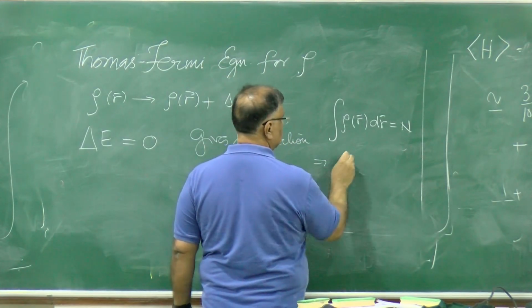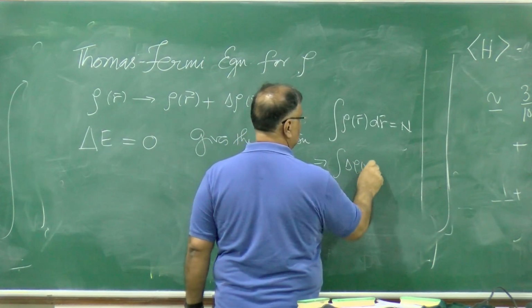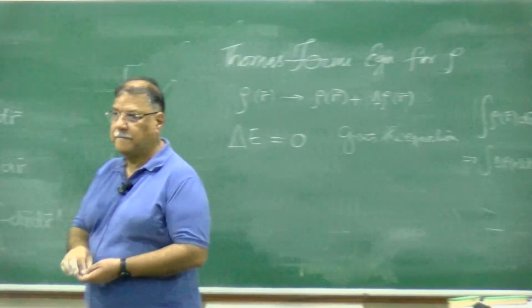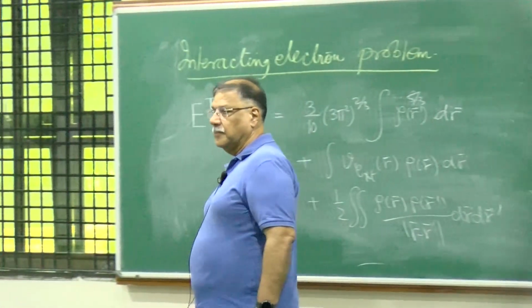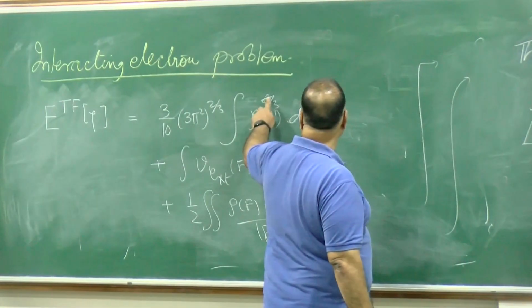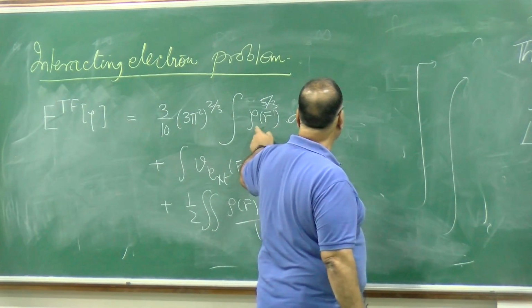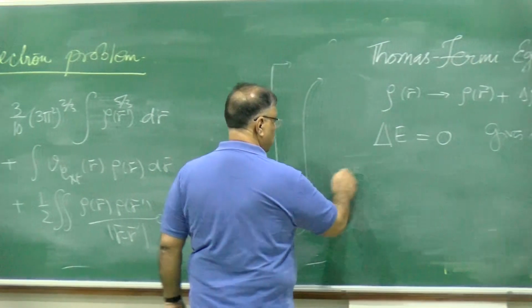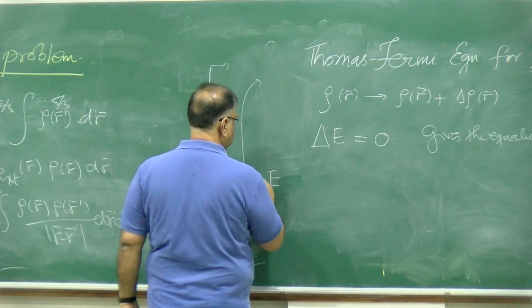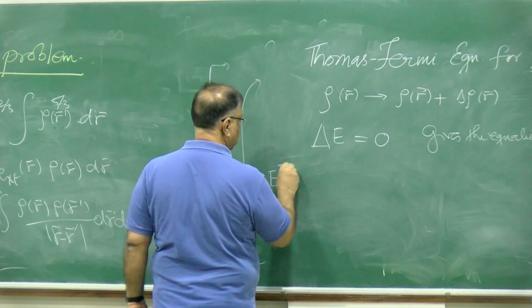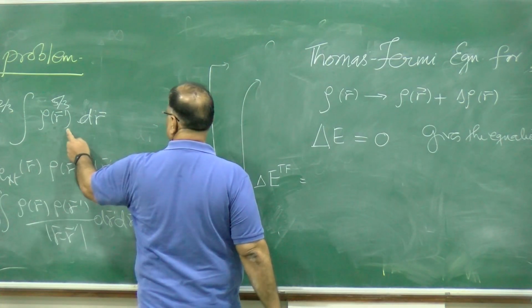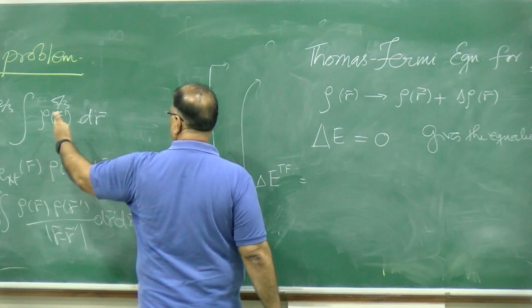Which implies the integral of delta rho(r) dr should be 0. Okay? So let's do that. If I put rho(r) equals rho plus delta rho, what you will find is that delta E Thomas Fermi comes out to be, and you can do that, rho plus delta rho, take delta rho tending to 0, do the expansion.